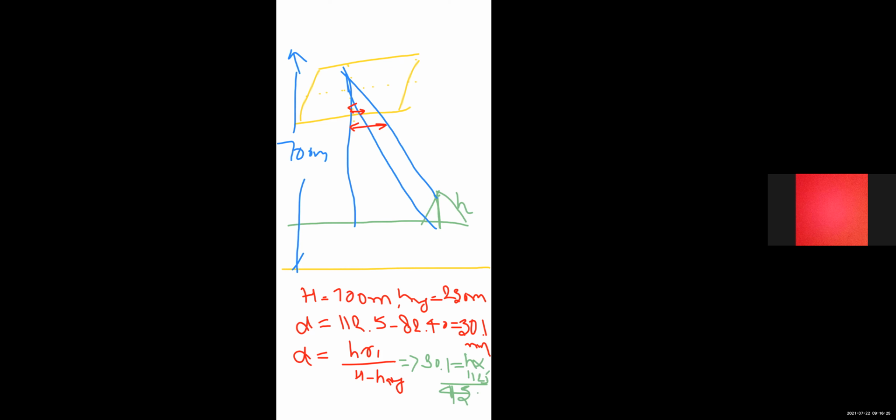So after calculation, this value equal to how much? This height equal to how much? 120.4 mm. This is the actual height of tower.